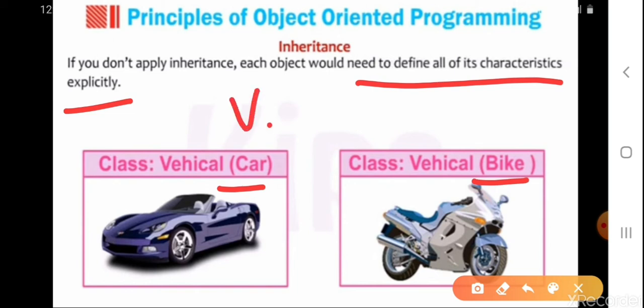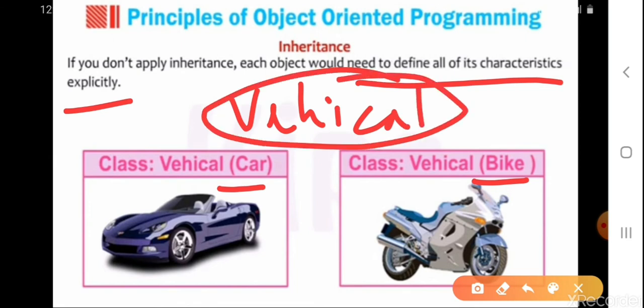So, if we define a class vehicle, all vehicles have a general behavior of transporting from one place to another, or moving from one place to another, right? A car is used for transportation and a bike too. So this is the general characteristic of both the classes.